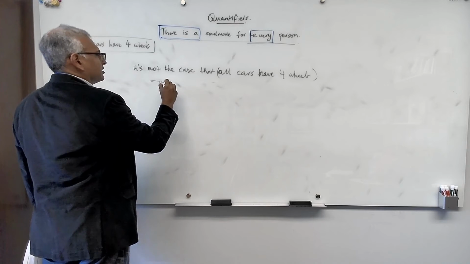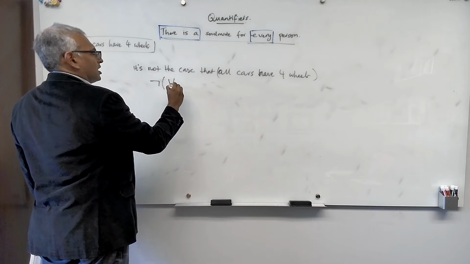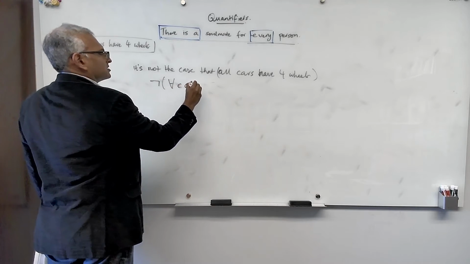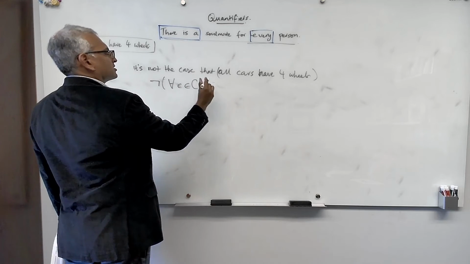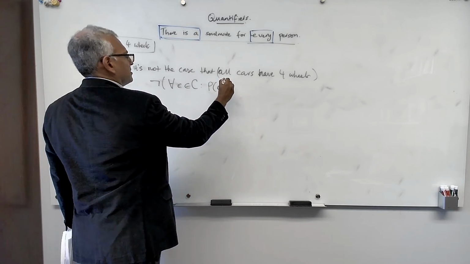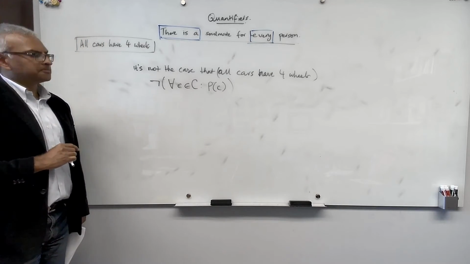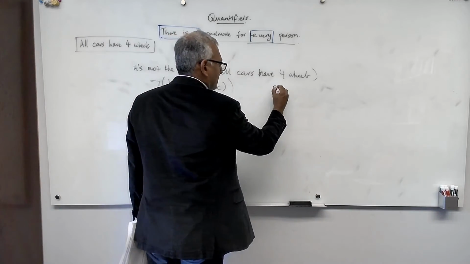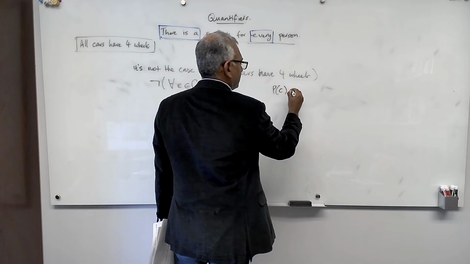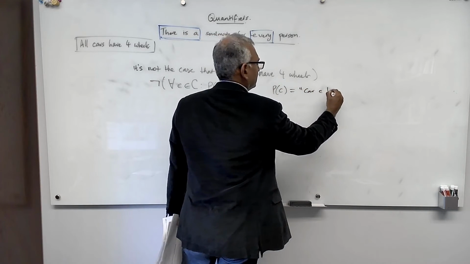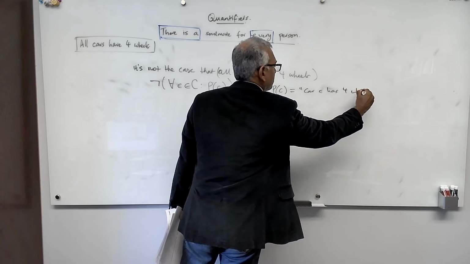It's not the case that for all cars in the set of cars, I can assert P of C, where P is the claim car C has four wheels.